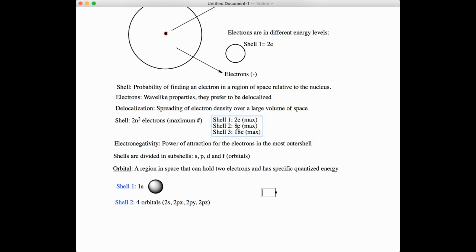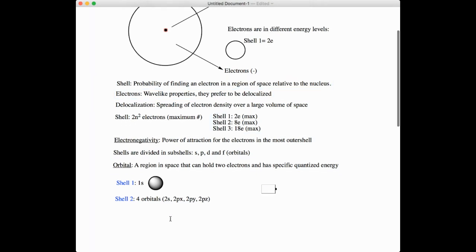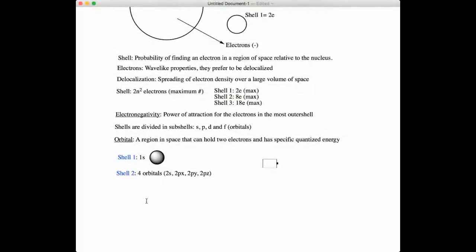We concluded that here. So if we can hold a maximum of 8 electrons in shell number 2, we will have then 4 orbitals, because we know that one orbital can hold a maximum of 2 electrons. And these 4 orbitals are going to be 2s and 3 2p orbitals. So let's get a little deeper into this.